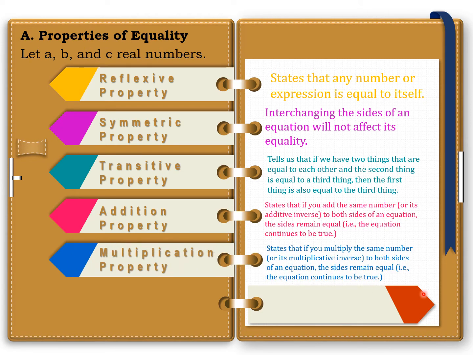Number 5, the multiplication property of equality, states that if you multiply both sides of an equation by the same number or its multiplicative inverse, the sides remain equal. The equation continues to be true. So the properties of equality are used to solve equations involving one variable.